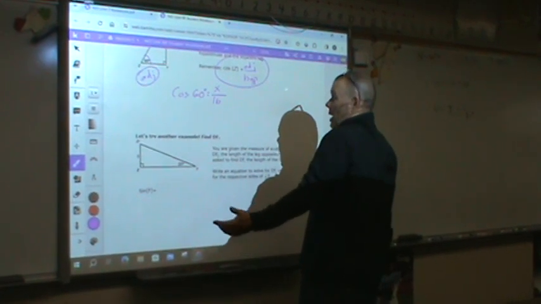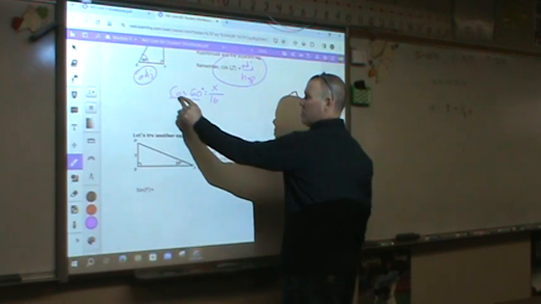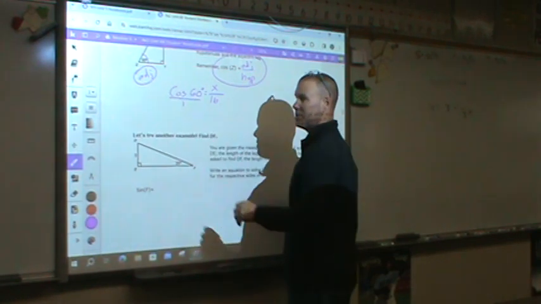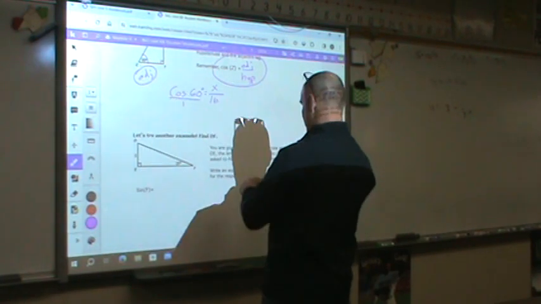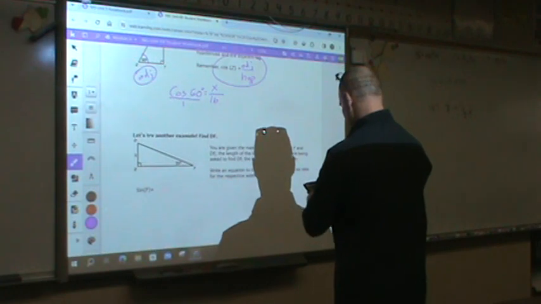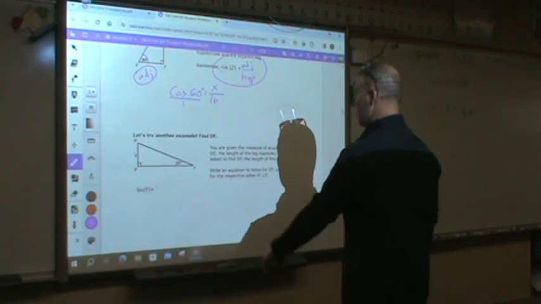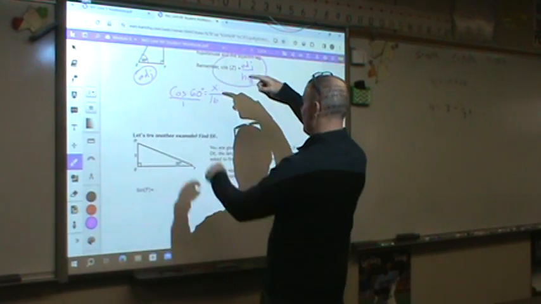Okay, well how? Well, how do you solve proportions? Because that's what this is. The cosine of any degree is a decimal. And what you're saying is, this decimal over here, which if I use my calculator, the cosine of 60 is equal to 0.5. What you're saying is that this ratio here, 0.5, is equal to this ratio.